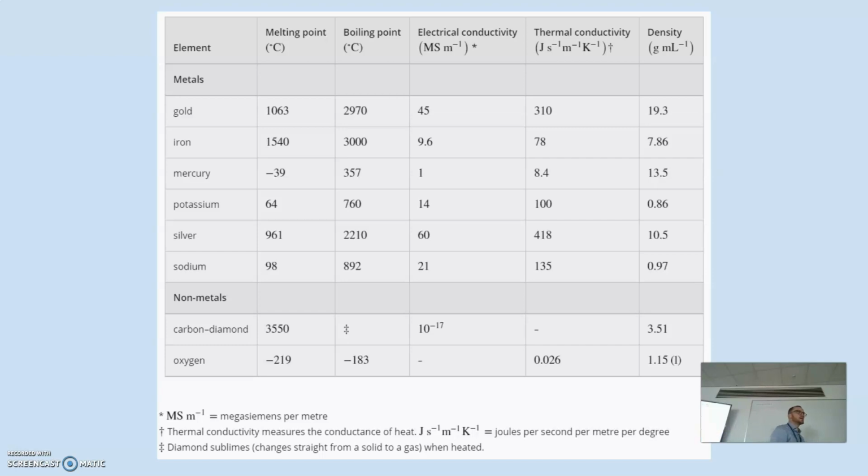Our exception to the rule is mercury. One of only 2 liquids on the periodic table at room temperature, the other being bromine. Mercury, minus 39 degree melting point, except it's very, very dense. In fact, if you had an entire bucket of mercury, you could stand on top of it.